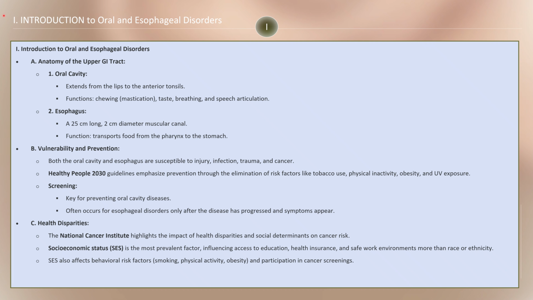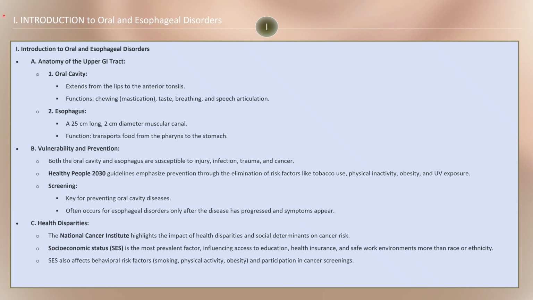Screening is key for preventing oral cavity diseases, while esophageal disorders are often detected only after the disease has progressed and symptoms appear.